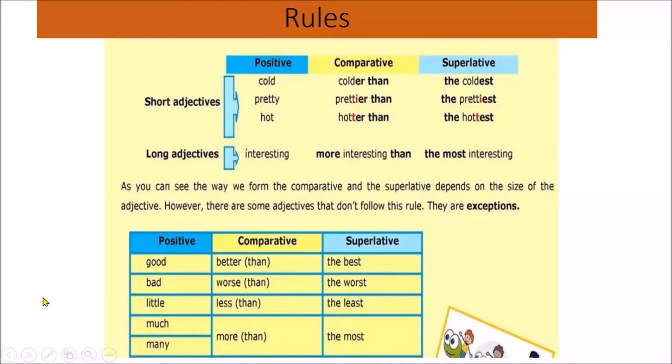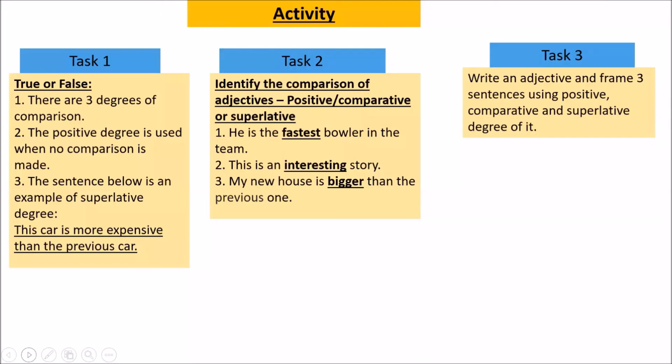So these are the rules. Now I'm giving you an activity. Here you can see there are 3 tasks. You can take a screenshot or you can pause the video and think about the tasks, and whatever you feel, it's up to you. If you think you are good at task 1, then you will do task 1. If you think you are good at task 2, then you will do task 2.